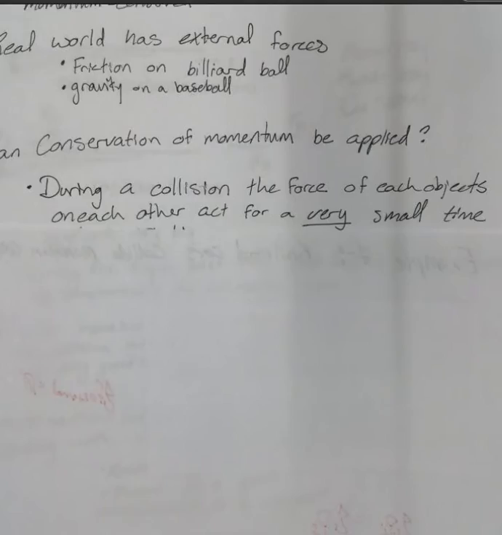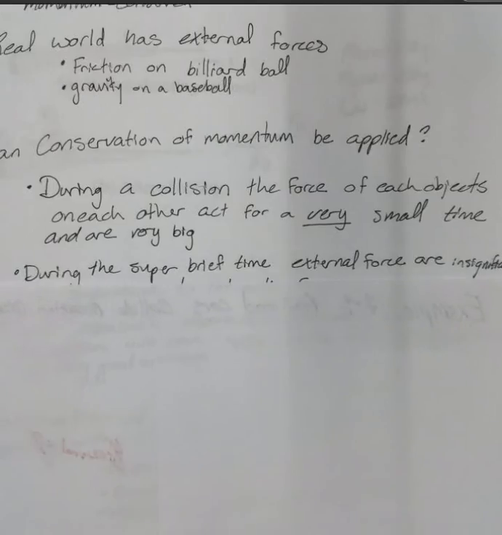The actual collision is a really small time interval, and the forces of one object on the other, the Newton's third law force pairs, are absolutely enormous. So since the time interval is very small, the external forces are very insignificant compared to the huge interaction forces of the two objects colliding with each other.